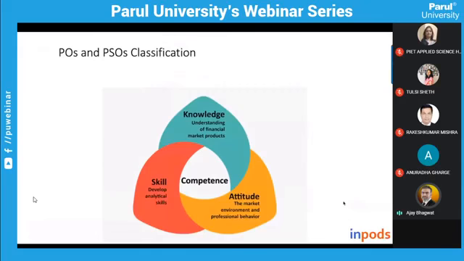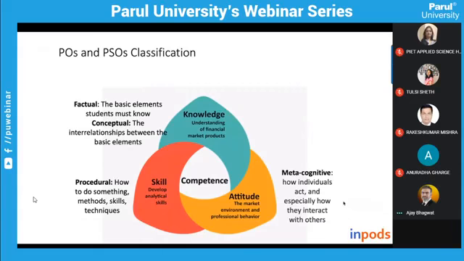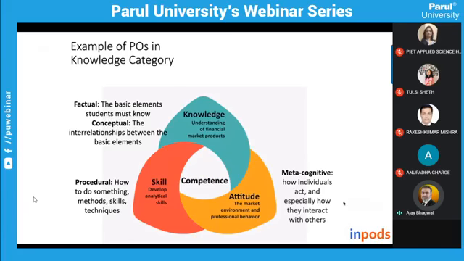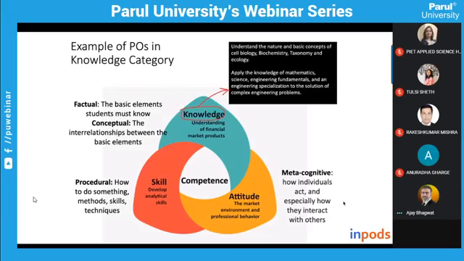When we were trying to relate the knowledge dimension with the program outcomes, we then took example of the program outcomes from each of the categories of the knowledge, skill, and attitude. And we could see here the relationship between these program outcomes examples.